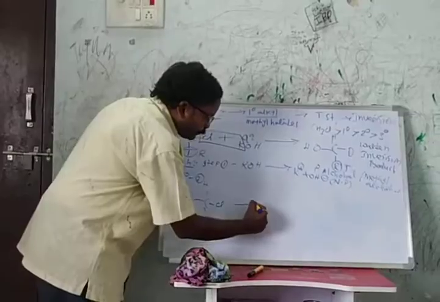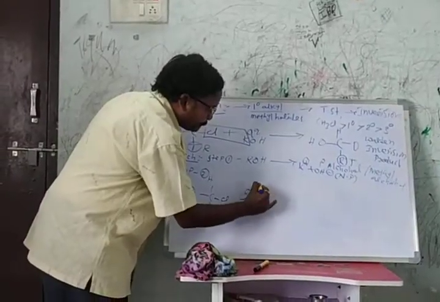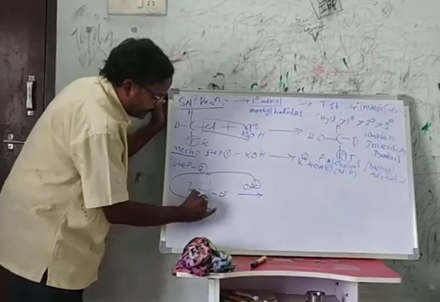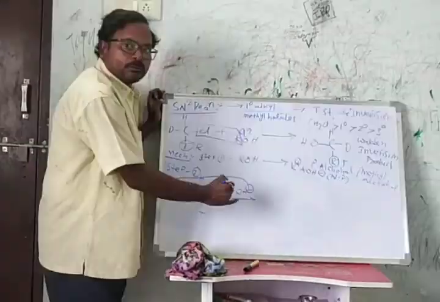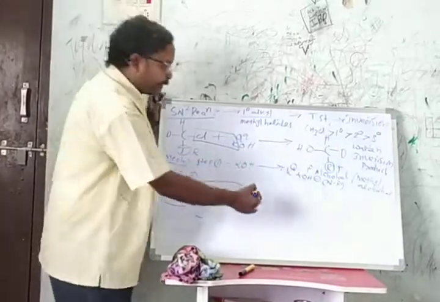When the OH minus ion attacks from the back side of the carbon, the chloride ion leaves from the front side of the carbon.